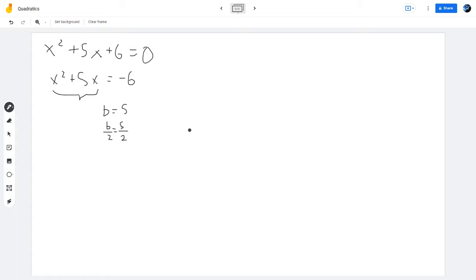So if we add 5 over 2 squared to both sides, we're going to get x squared plus 5x plus 5 over 2 squared equals -6 plus 5 over 2 squared.